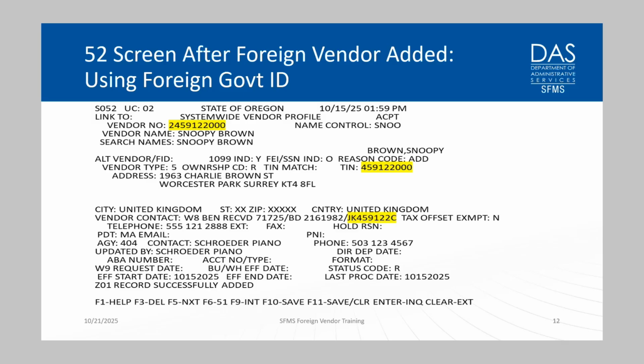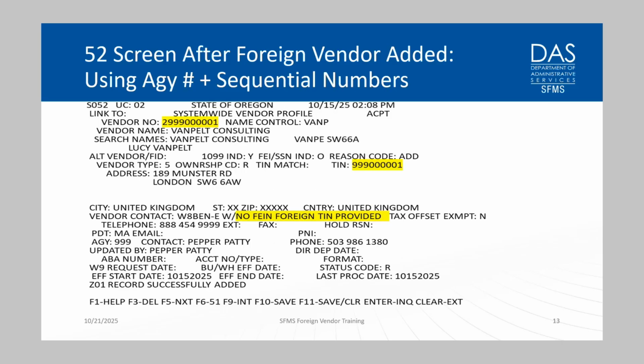And the last one is, okay, they didn't give you a U.S. issued ID. They did not give you a foreign vendor ID. They just handed it in and said, we're not providing anything that's useful to you to fill it out. So it is going to be 2.